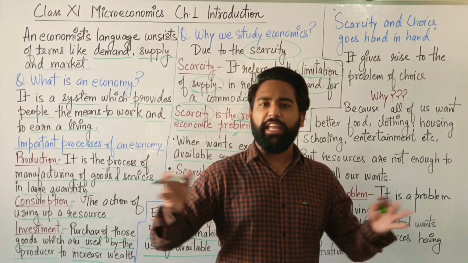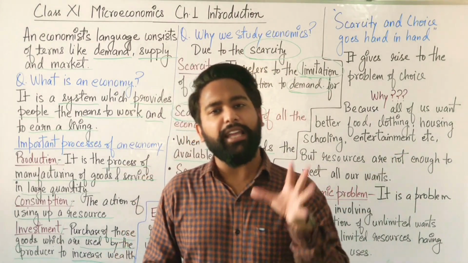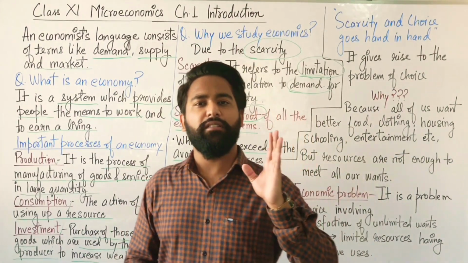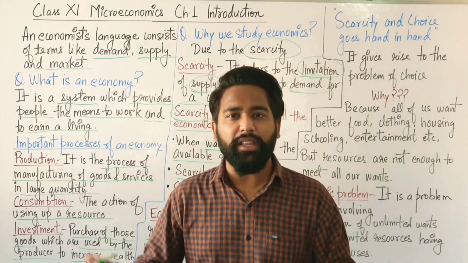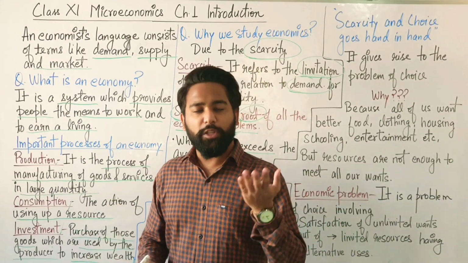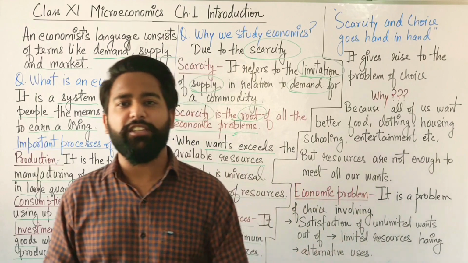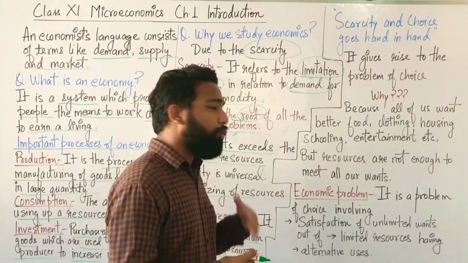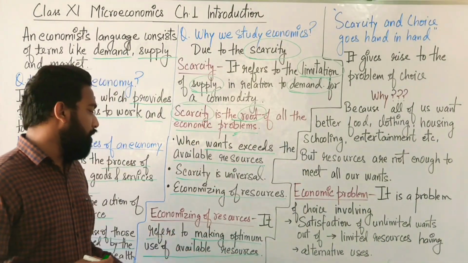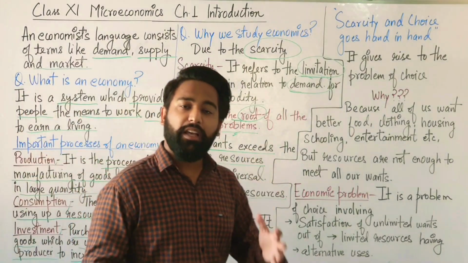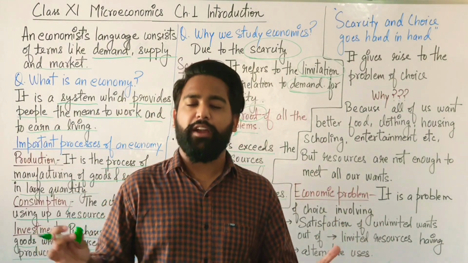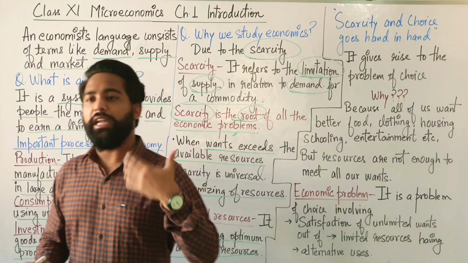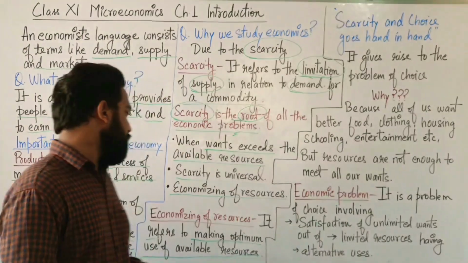Suppose you are having 10 kgs of rice. Will you cook that 10 kgs of rice on the same day? No, you will save that for the whole month. Isn't it? Why? Because you are economizing that 10 kg packet of rice, so that you can eat on a regular basis. Is that clear?